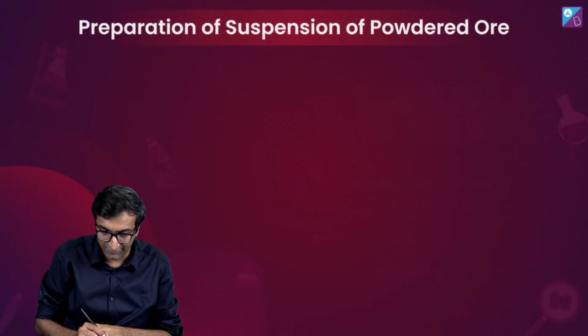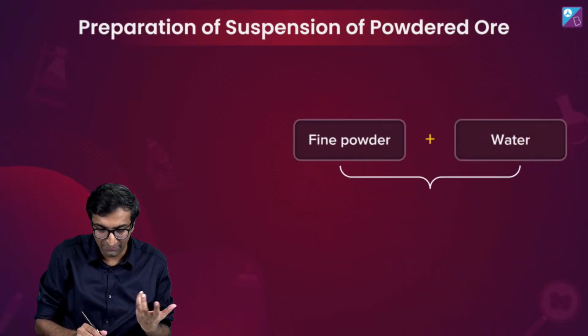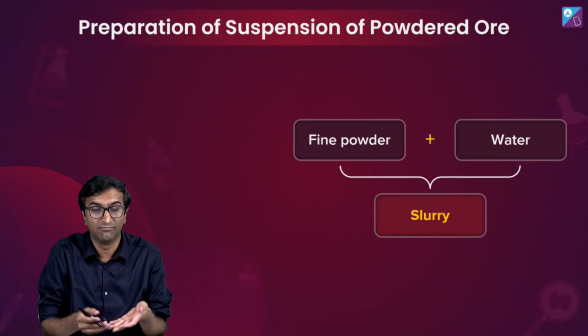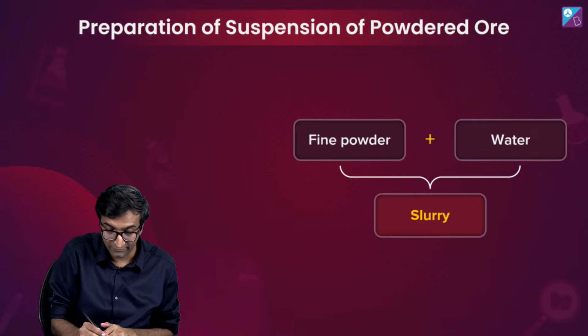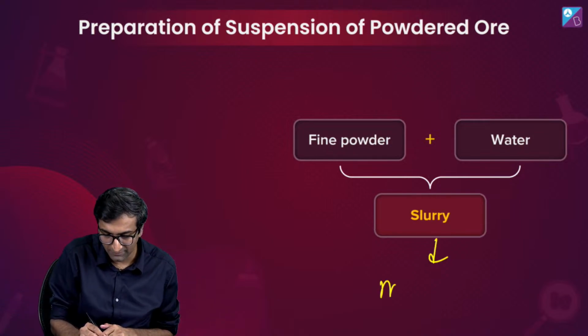Cool. So let's look at the first part, right? I take a really fine powder, put it in water. This is called a slurry. That's simple as that. Nothing fancy here. You would have heard this term a lot when you talk about metallurgy.